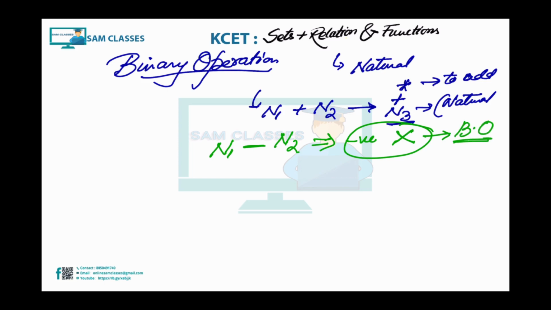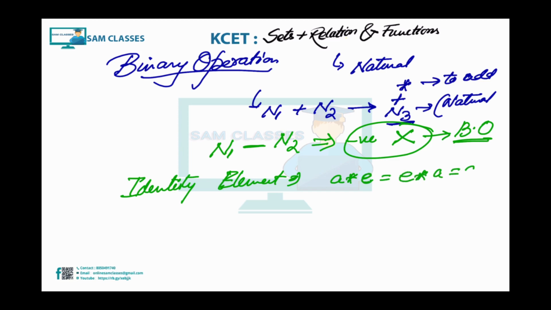Pretty simple. Next we have the concept of identity element. Just like we normally understand, a star e should equal e star a, and that should be equal to a. Just like 1 in the multiplication case: any number multiplied with 1 is equal to 1 multiplied with that number, which is equal to the number.